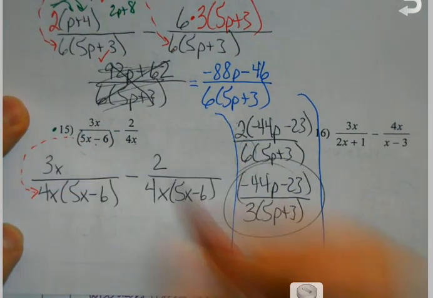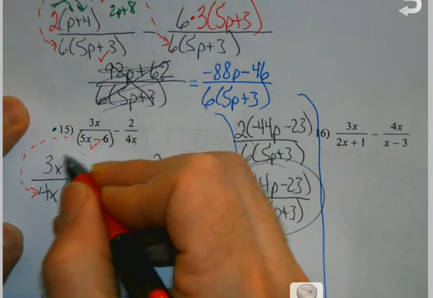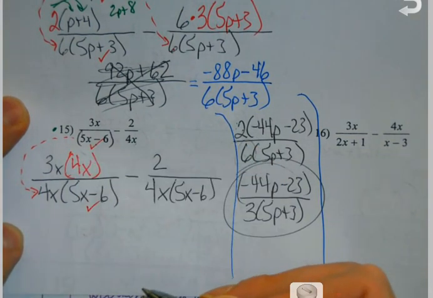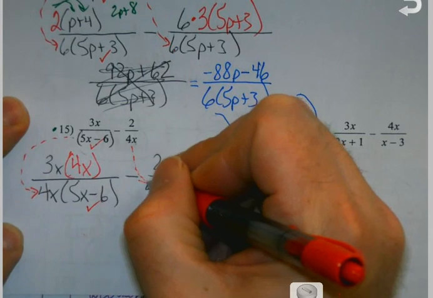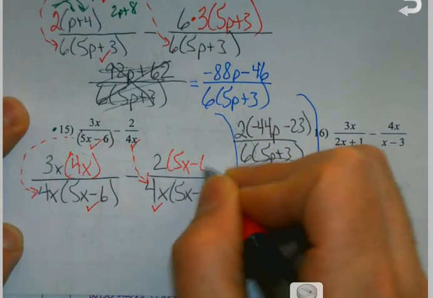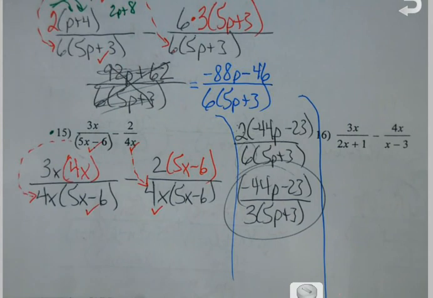So I'm going to go ahead. That's set. I need the 4x. Here I got the 4x. I need the 5x minus 6. Now I have learned my lesson from number 13. Got this.